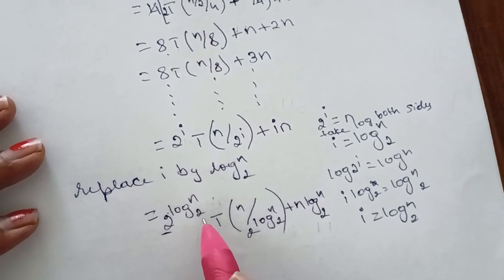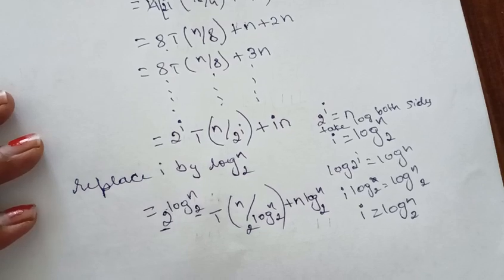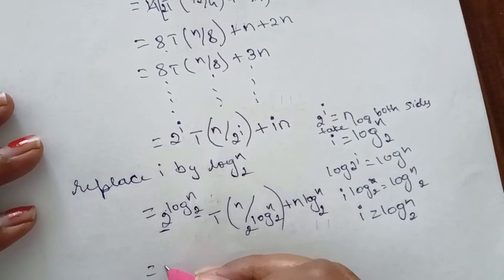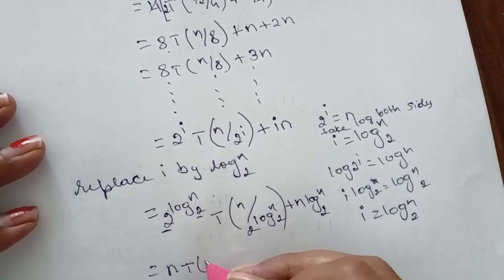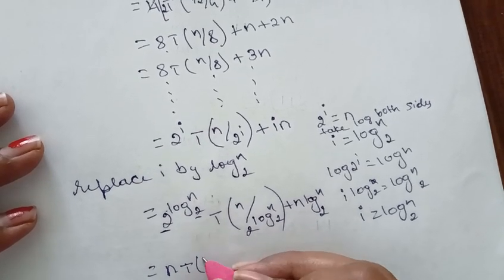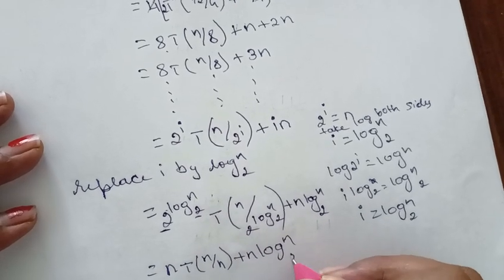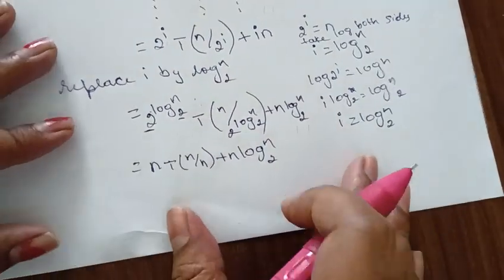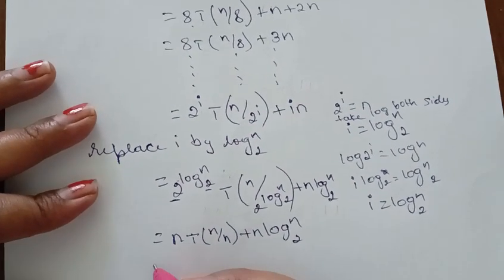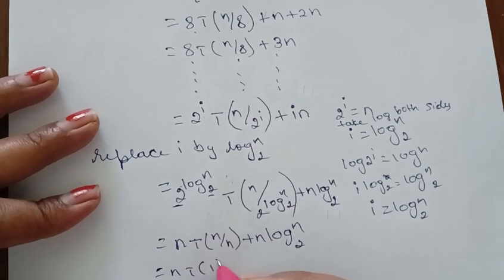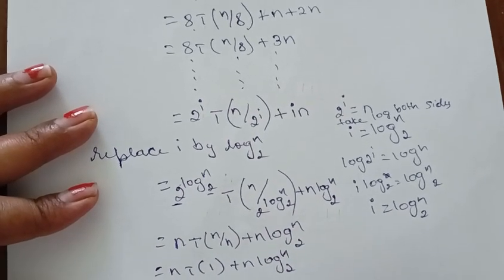Here this one and the base, if this is same, then I can just write it as n into T of this one, n divided by n. I'll get n into log n to base 2. So this one I can just write as n into T of 1 plus n into log n to base 2.